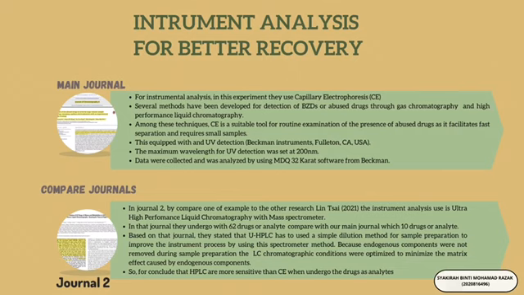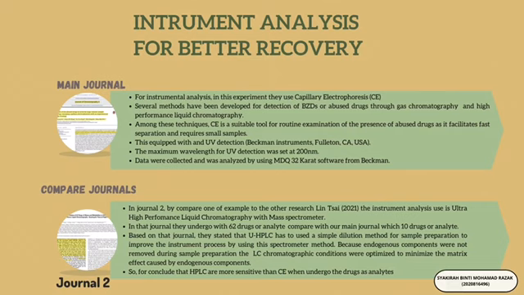Data were collected and analyzed using software from Beckman. We compare to the other journal, which we take from researcher Lin, 2021. The instrument analysis used is ultra-high performance liquid chromatography with mass spectrometer. In this journal, they work with 62 drugs or analytes compared with our main journal, which has only 10 drugs or analytes.